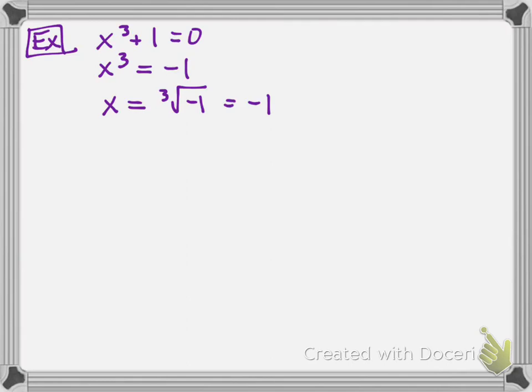How many solutions does x cubed equals negative 1 have? According to the fundamental theorem of algebra, how many solutions are there? 3. And I've been telling you all year long that there's 2 square roots to every number. Every number has 3 cube roots. Every number has 4 fourth roots. Every number has 5 fifth roots. And every number has n nth roots.